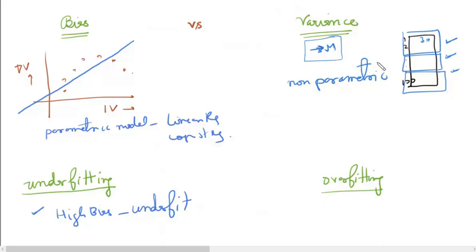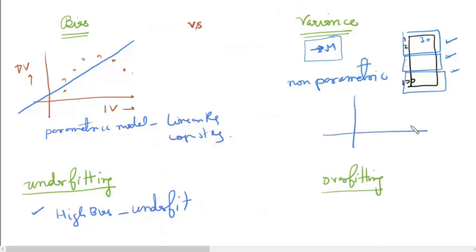Linear and logistic are parametric models which make assumptions around the data, whereas tree-based models, decision tree, random forest, and support vector machines do not assume any underlying pattern in the data. These are non-parametric models, and they are very flexible. They can take any complex shape depending on the data, and these usually have a high variance. The moment you change part of your input or a subset of your input, the output of the model changes drastically. So these are high variance models.